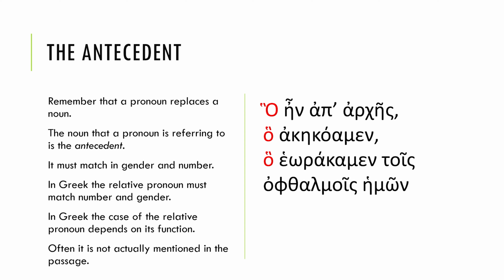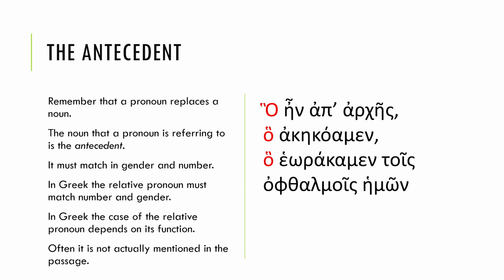So just be aware that just because it's masculine in Greek does not mean it's masculine in English. It's grammatical gender, not natural gender. So just be mindful of that. In any case, notice here that we're using the relative pronoun without an antecedent. So we've got a few things to remember.